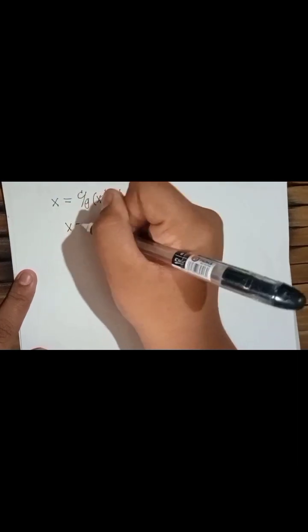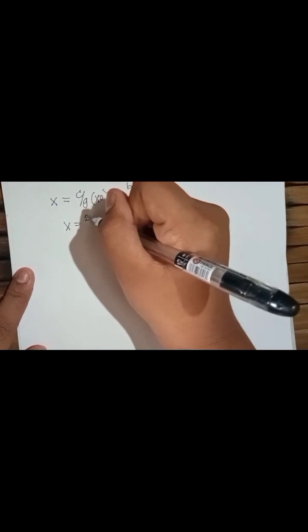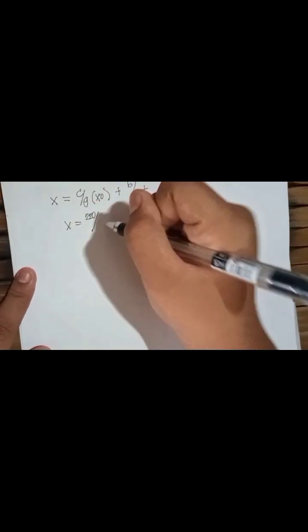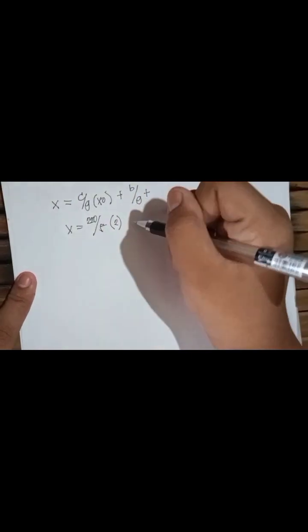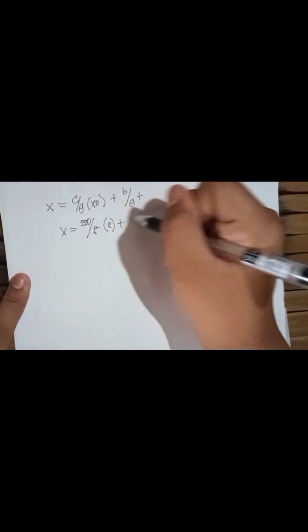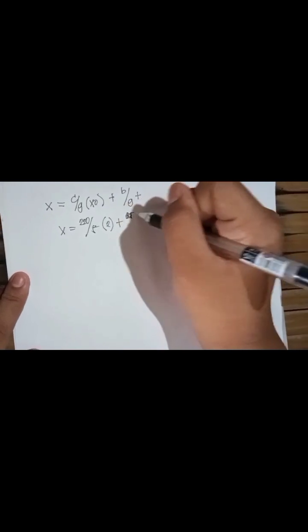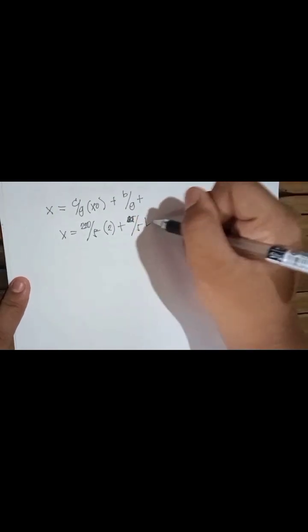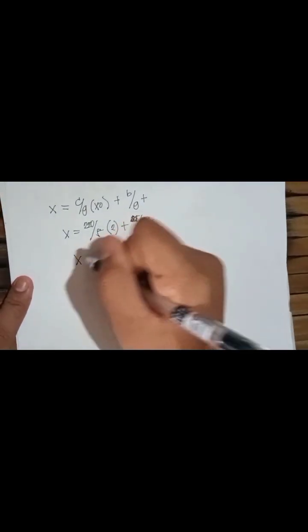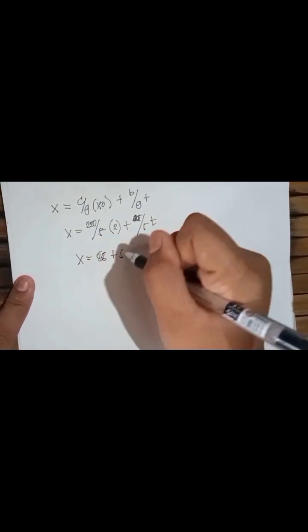We need to substitute: 220 divided by 5 times 2, which is the value of x sub 0, plus b, which is 25, divided by 5 times t. Let's solve. x is equal to 88 plus 5t.